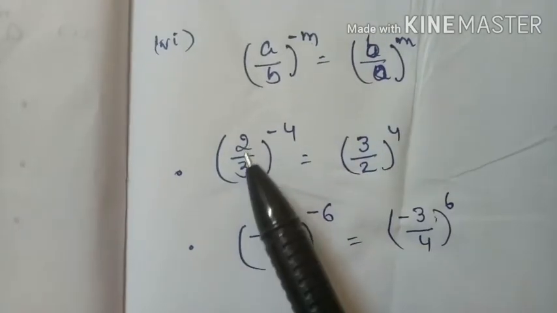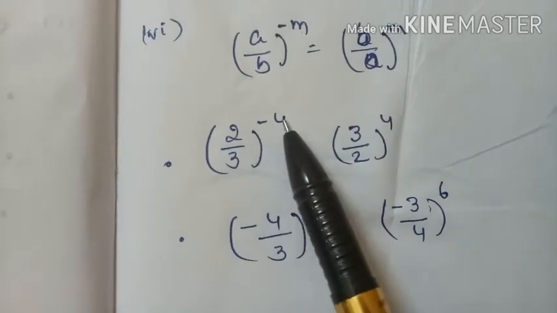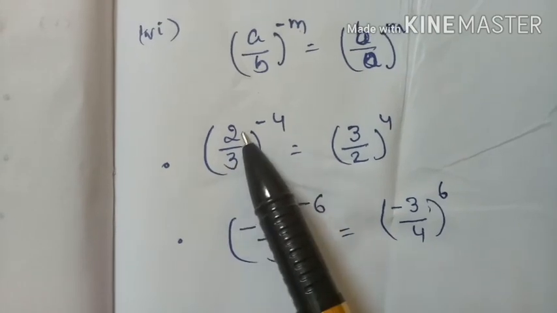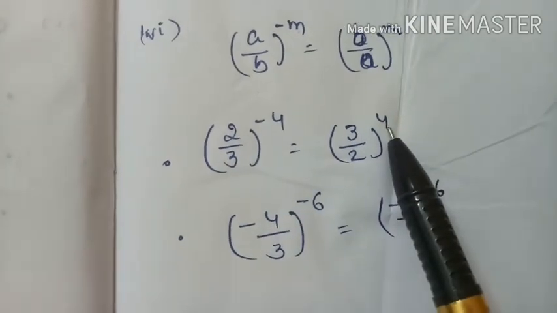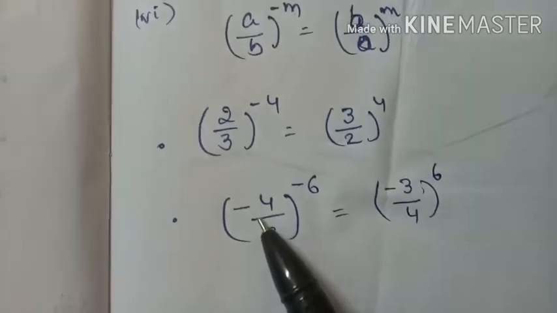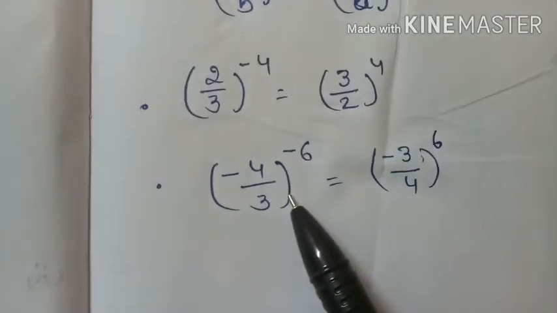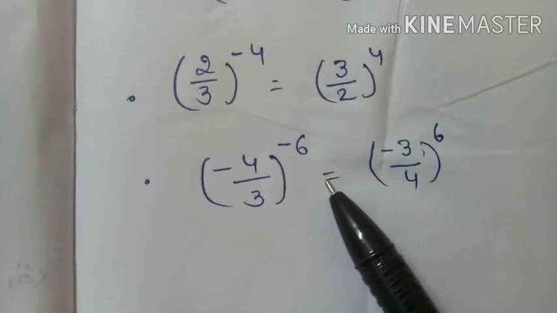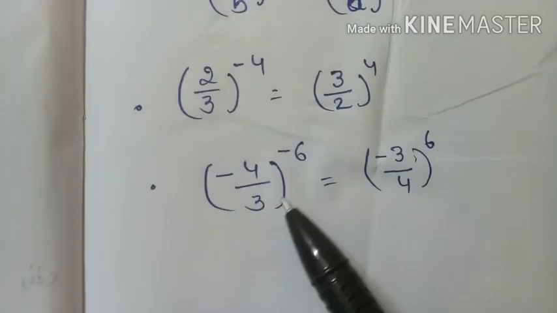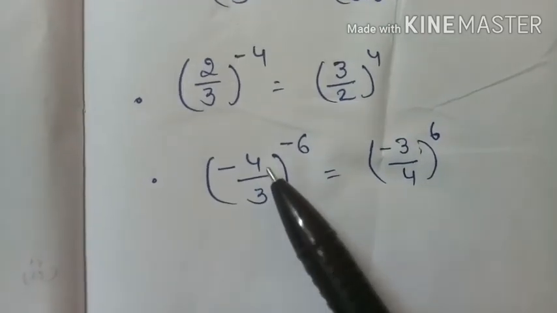Okay. Example, 2 by 3 whole to the power of minus 4, that is equal to 3 by 2 whole to the power of 4. Clear? Next, minus 4 by 3 whole to the power of minus 6, that is equal to, what is the numerator? Minus 4, denominator 3.